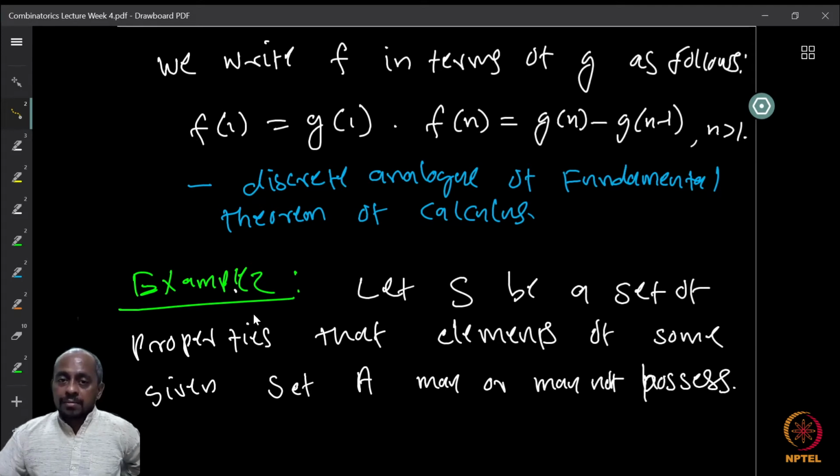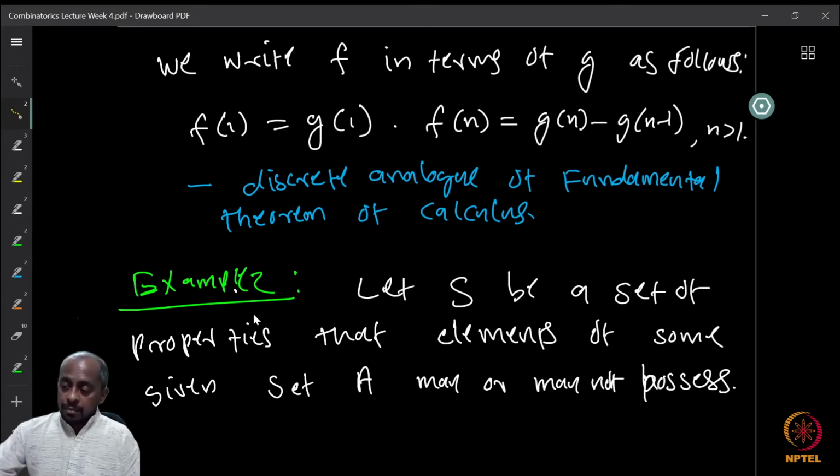From this summation, it is very clear. Then f of n can be written as g of n minus g of n minus 1. Okay? This is also something that you can verify immediately from the previous definition of g in terms of f.